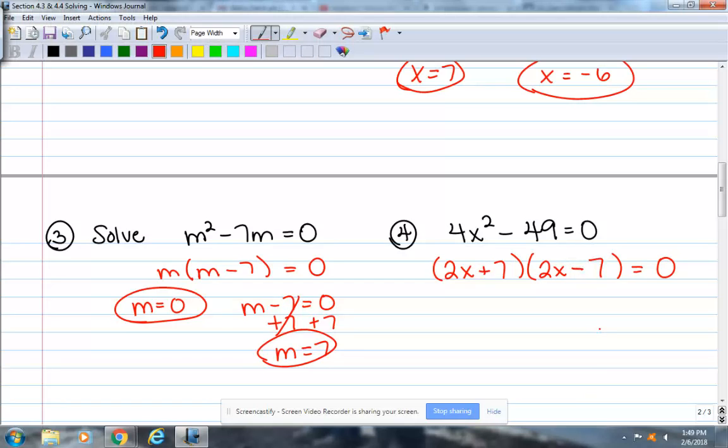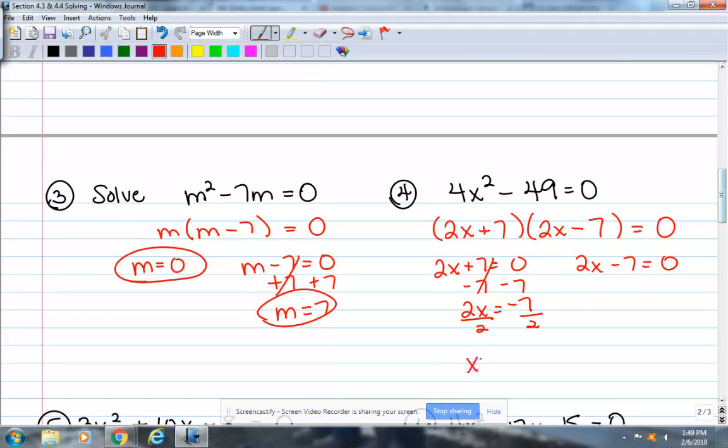And since we're solving these, what do we have to do now? Set both of them equal to 0. That's right. So 2x plus 7 equals 0, and 2x minus 7 equals 0. So on this one, I'm going to subtract 7 on both sides, and divide by 2. And you can leave that improper. X equals negative 7 over 2. Don't get an improper fraction and let it freak you out, okay?